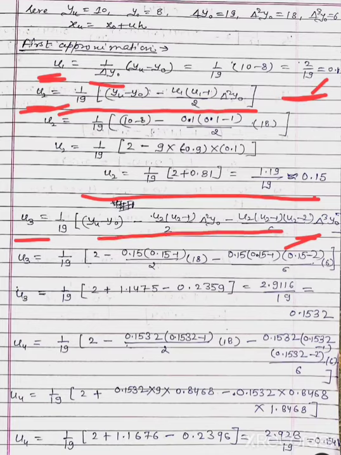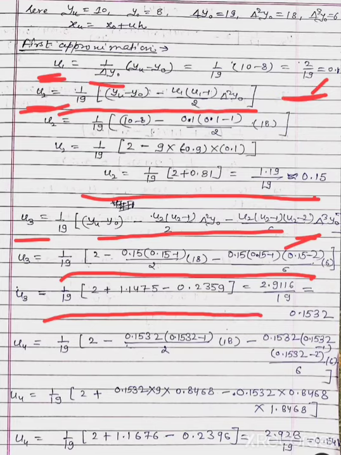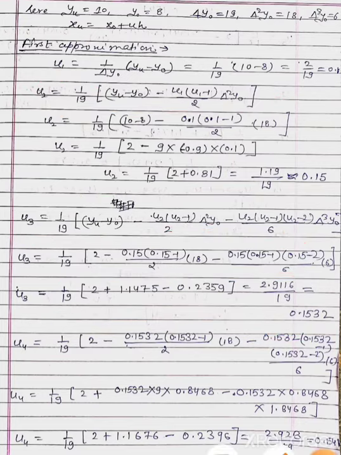Now substituting all these values and solving, we obtain the u3 value as 0.1532. So the obtained value of u3 is 0.1532.